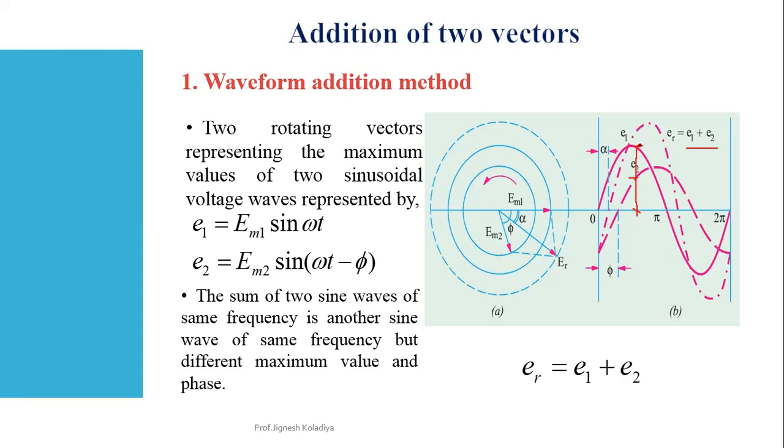If you see on the y-axis in both cases, suppose here you have 5 and here you have 3. Just add these two, 5 plus 3. So you will get somewhere around over here. So this is your one point.